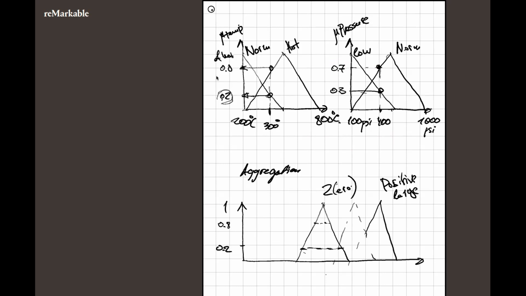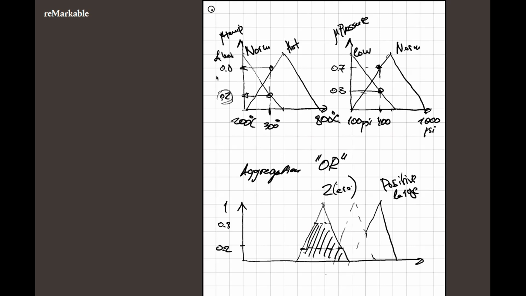So normally, you can use OR as the aggregation strategy, meaning that you choose the maximum score. In this case, it will be this area over here.